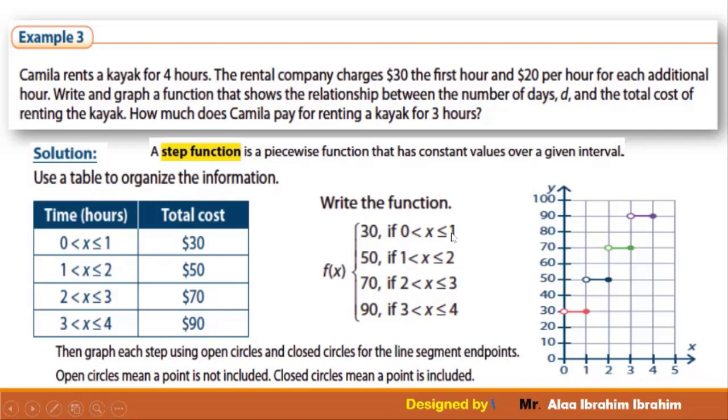This is the first hour. So 0 open, 1 closed, at 30. Now the second one, from 1 to 2, 1 open and 2 closed, at exactly $50. And the next ones are the same way, open and closed.